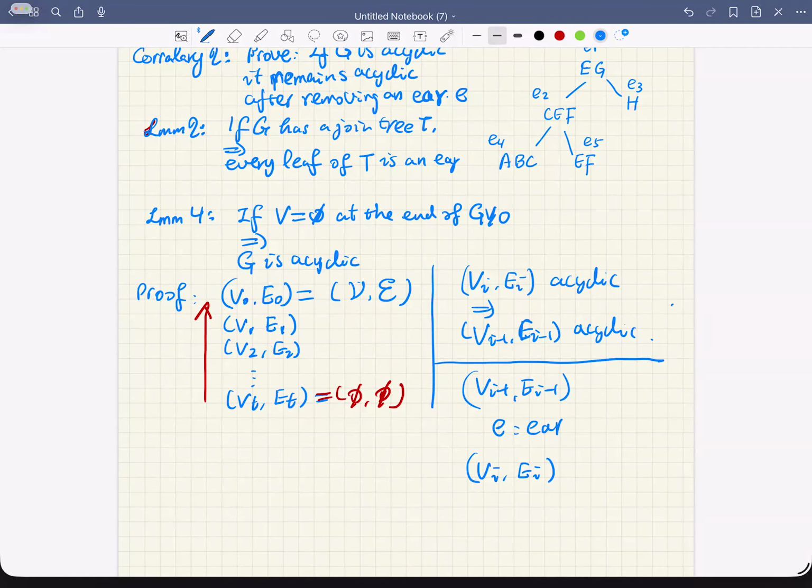Okay, so there are two possibilities. In the first possibility, if this EI minus 1 has just a single edge, by the way, that means this EI is empty, right? Because it gets removed. Anyway, it has only a single edge, and then it's trivially acyclic. Okay, so therefore this case is easy. Okay, it's not so interesting.